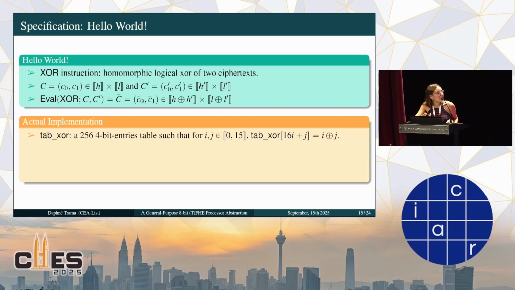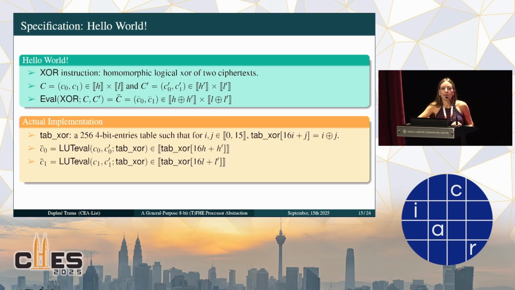In this case, it's very easy again. It's just the XOR of 2 4-bit values, so nothing difficult. And using this table, we can compute the XOR of our ciphertext by firstly compute the XOR of the most significant nibble and then the least significant nibble, and we indeed obtain an encryption of C XOR C prime.